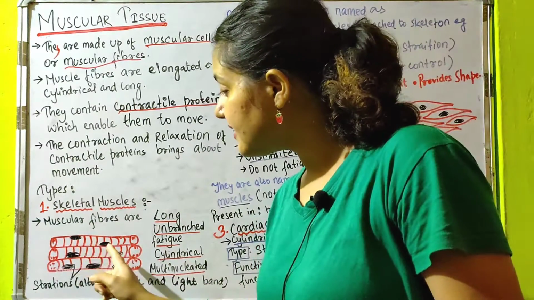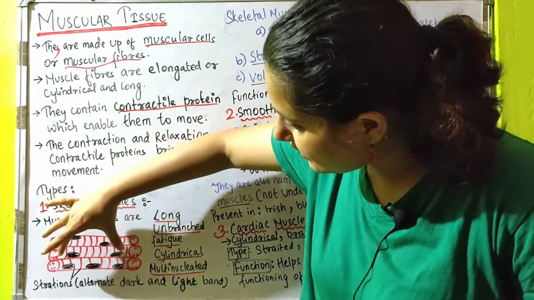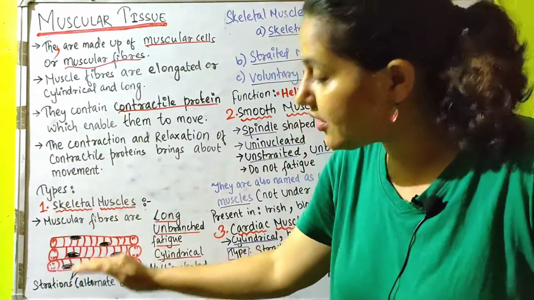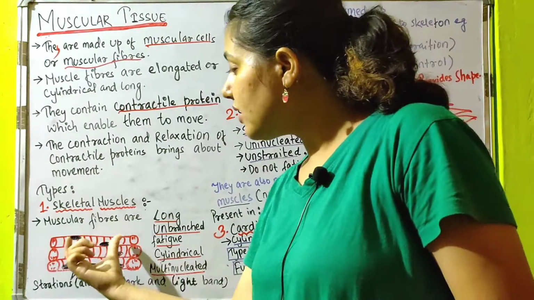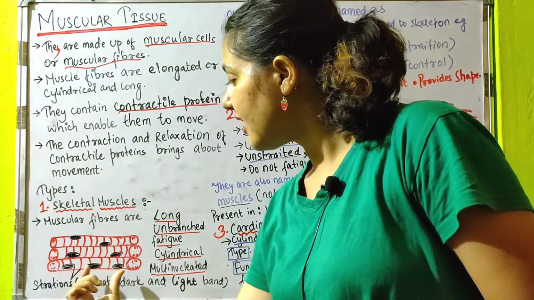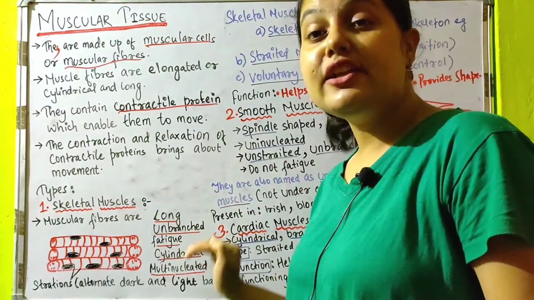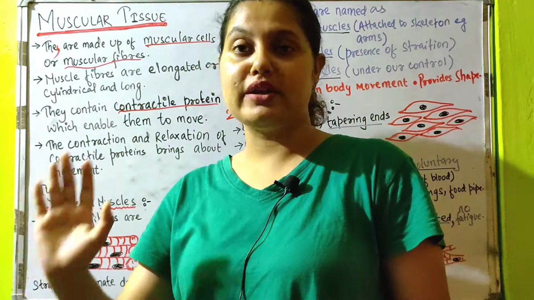Multinucleated: one cell has more than one nucleus. This is one cell, this is two cell, this is three cell. I have made a diagram of three-cell tissue. You see here one cell is having two nuclei, and the last cell is having three nuclei. Multinucleated means each cell has more than one nucleus.